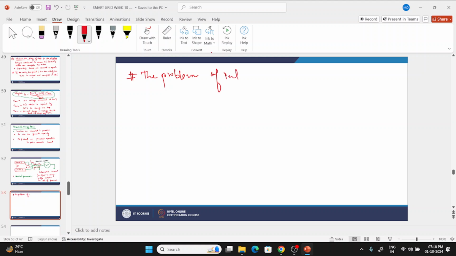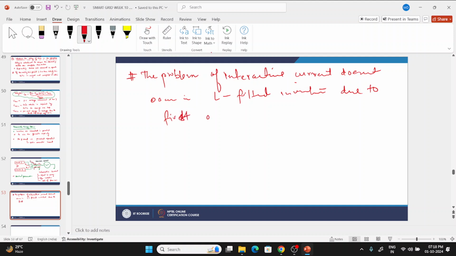The problem of interactive current does not occur in L filtered inverters due to first order nature of the system. ठीक है, एल फिल्टर इन्वर्टर्स यूज करे जाते हैं जिसकी वजह से ये प्रॉब्लम ऑफ इंटरेक्टिव करंट जनरली ओवरकम हो जाती है.